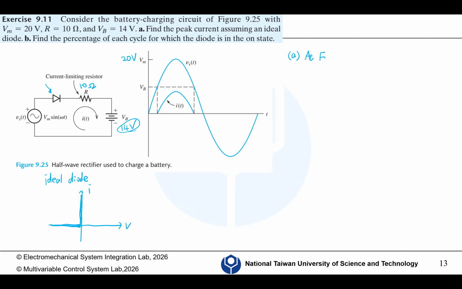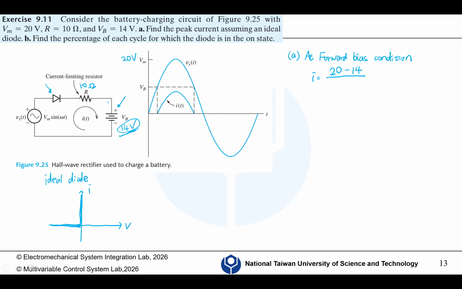The current will be Vm, 20, minus 14, because it needs to overcome this 14 volts, since this battery is positioned with the positive terminal on the top.